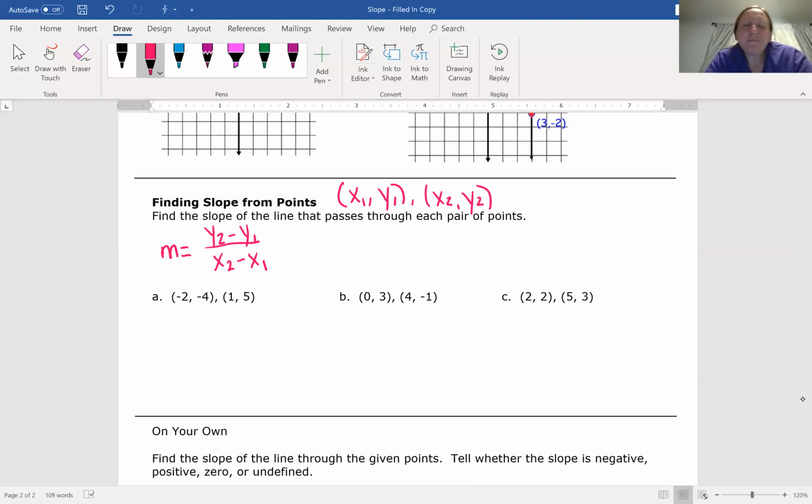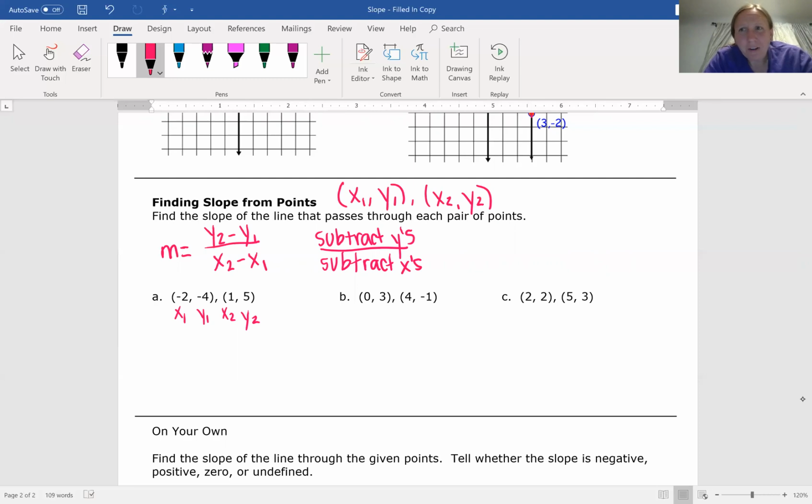But really, the slope formula bothers me because you don't really need to use it. As long as you know that on top, you're going to subtract your y's, and on the bottom, you're going to subtract your x's, you'll be in really good shape. Because honestly, if I'm looking at this first example, some people want to say, like, this is x1, y1, and this is x2, y2, and they're trying to plug the numbers into the formula.